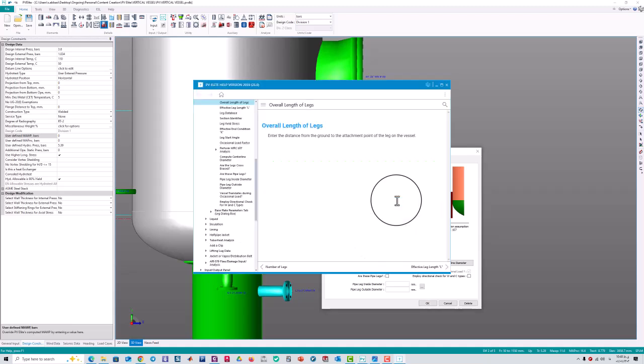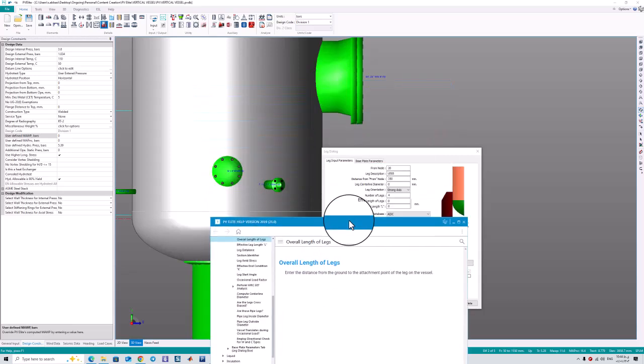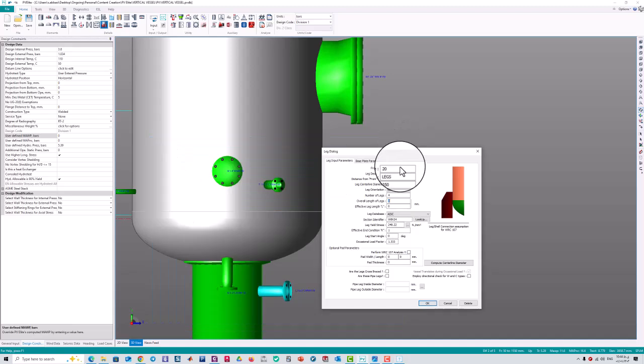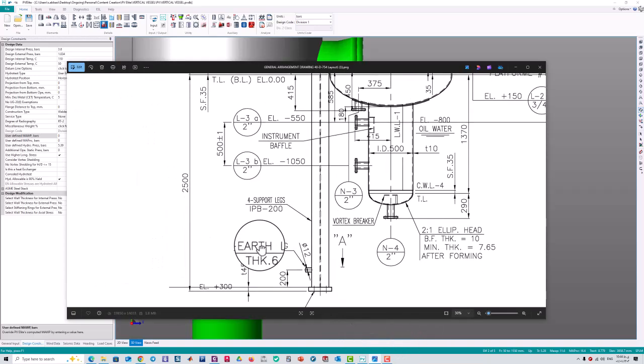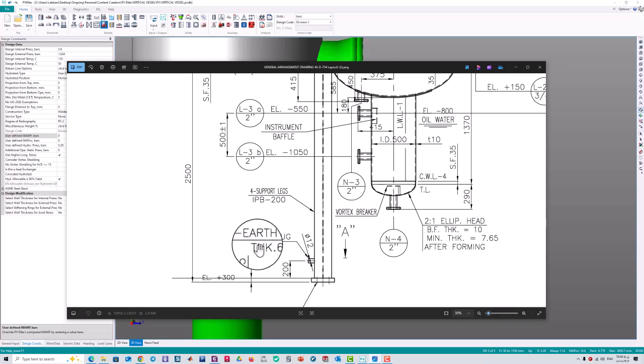It's likely to be 2,500 plus 35 straight flanging, and the number given in the DWG details of the weld connection of the legs.